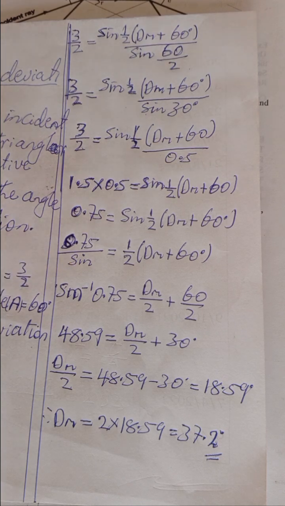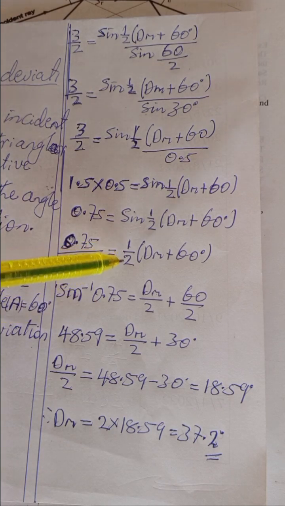Remember that 0.75 over sine is the same thing as sine inverse of 0.75.